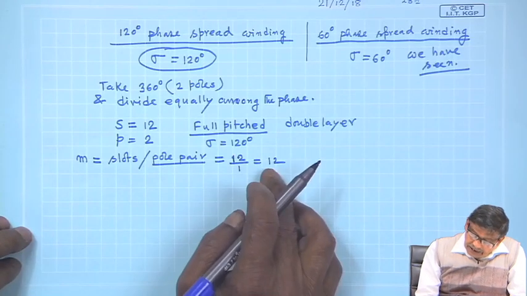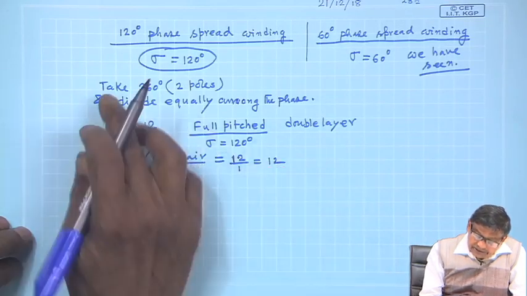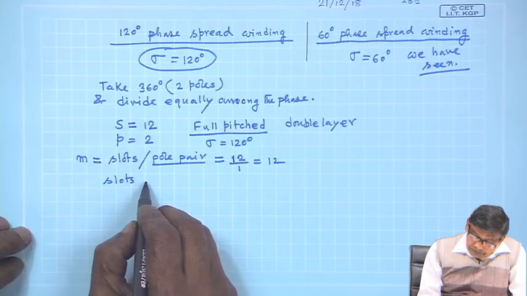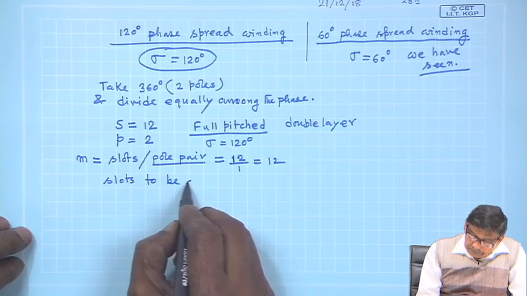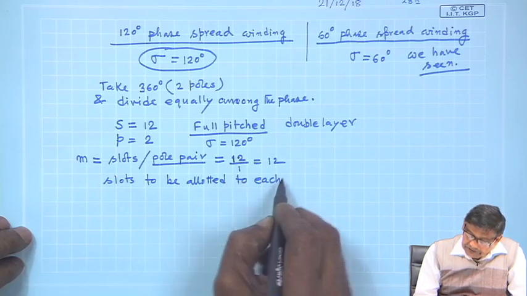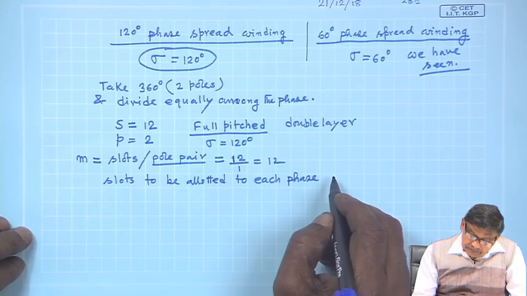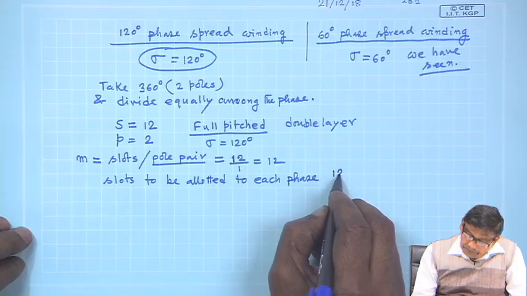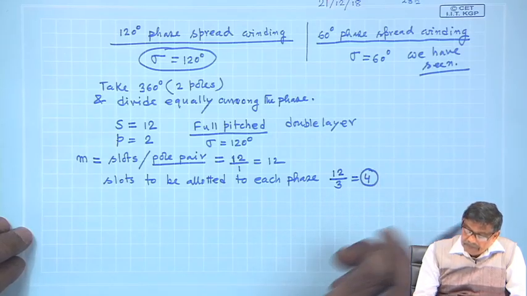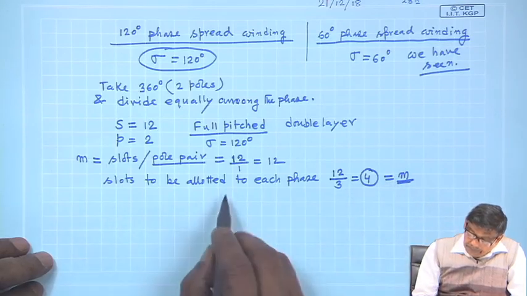Out of these 12 slots, which span 360 degrees, the slots to be allotted to each phase will be this 12 divided by 3, that is 4, and this will be the value of m per phase.